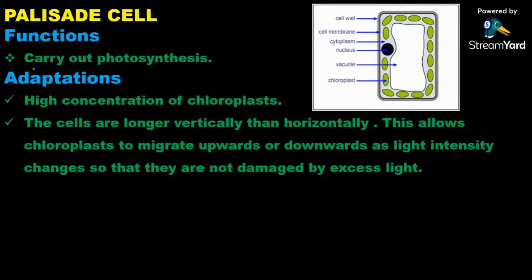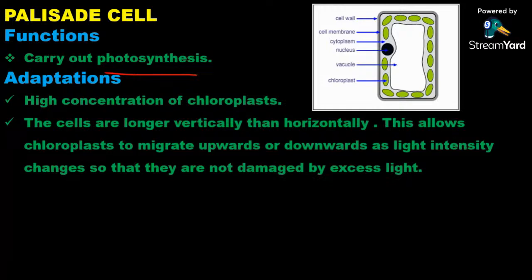Carry out photosynthesis. So a palisade cell is a typical plant cell. What are the adaptations? They have a high concentration of chloroplasts, as you can see, this green circular part. And what is the function of chloroplast? Absorption of light energy used for photosynthesis.